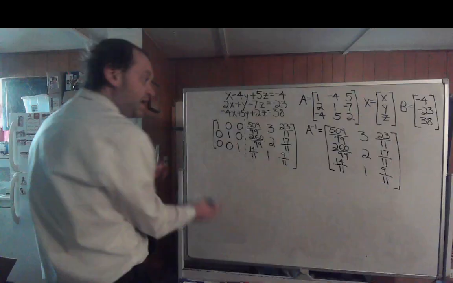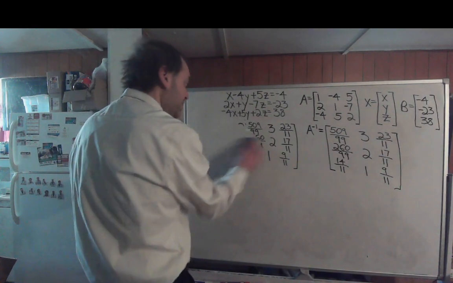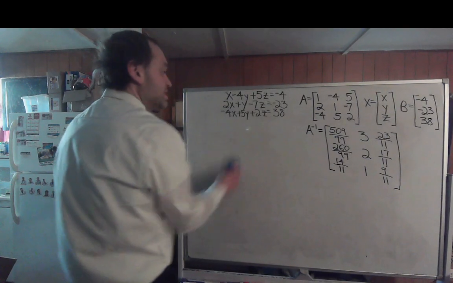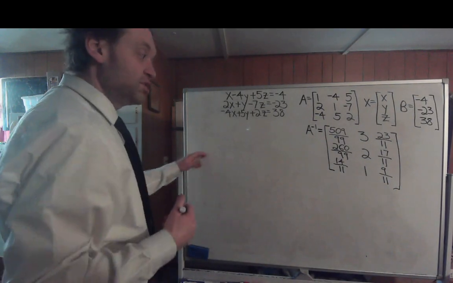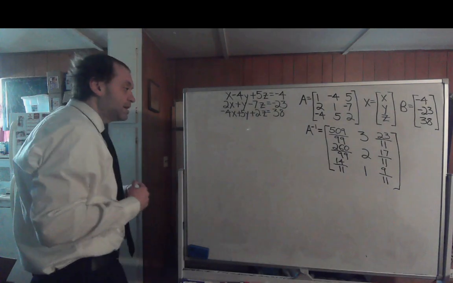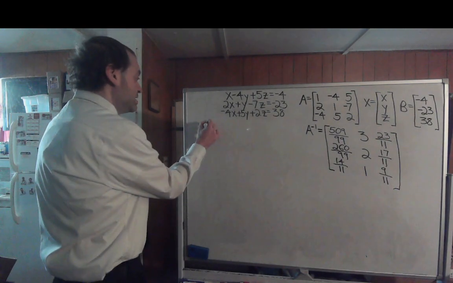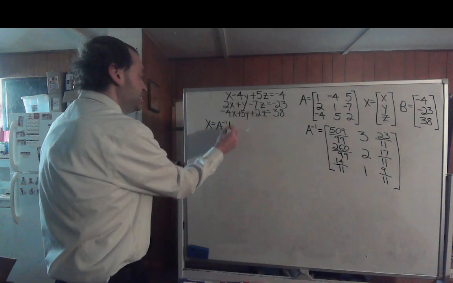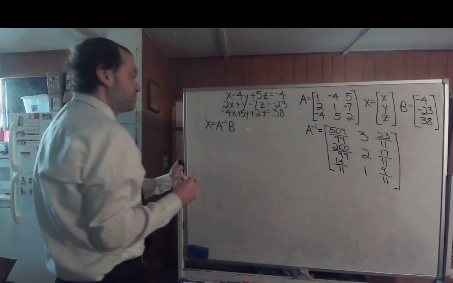And you can see why I say this is not a preferred method. We definitely don't prefer to do it this way, because it wasn't so bad for a 2 by 2, but for a 3 by 3, my gosh. But it's still true that X equals A inverse times B. That hasn't changed.